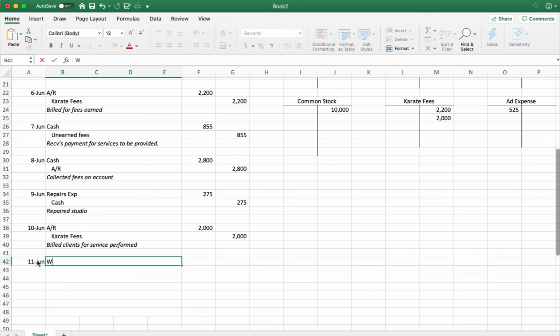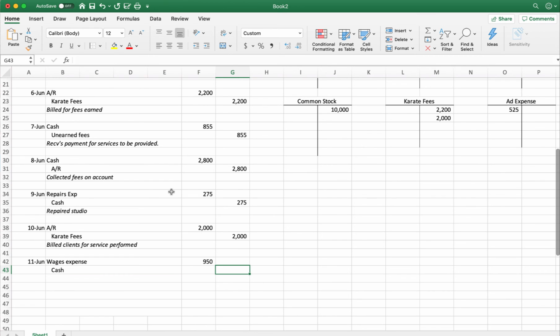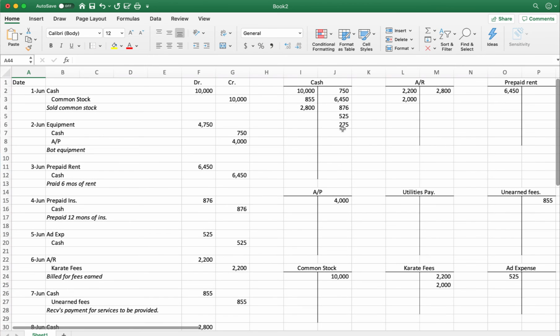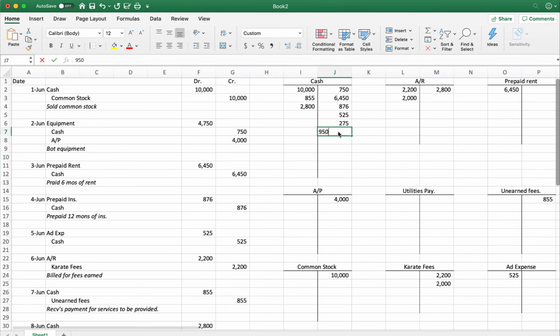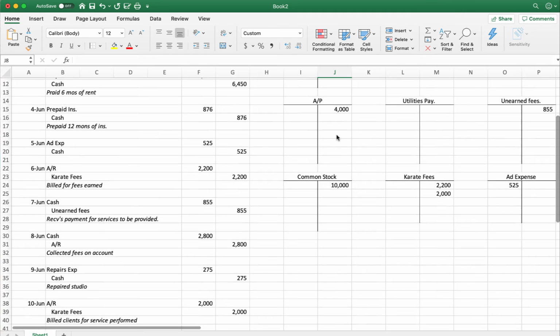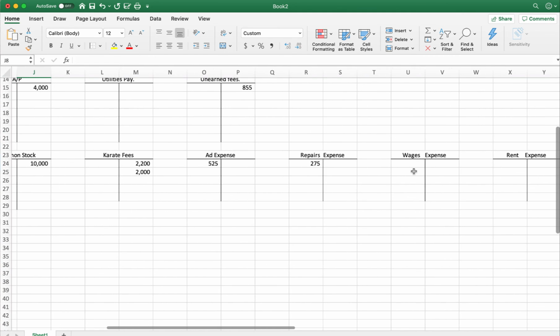So I'm going to say wages expense, debit for $950. I'm going to credit cash for $950. And I'm going to post these. So there's my credit to cash, $950, and my debit to wage expense, $950.